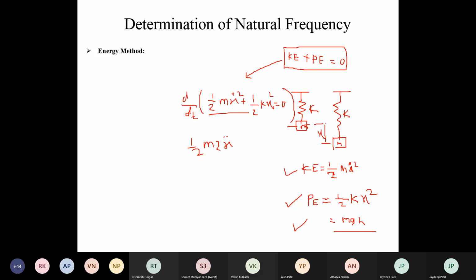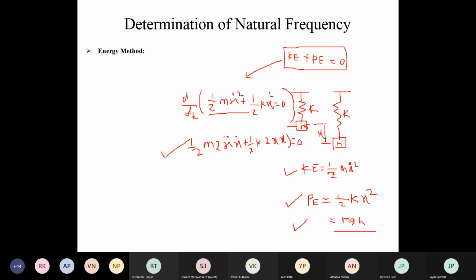Differentiating velocity gives acceleration. Plus 1/2 k, a constant stiffness of the spring, into x square, which means 2 x into x dot, since differentiating displacement gives velocity, is equal to 0. Is this equation correct? Now check this equation.